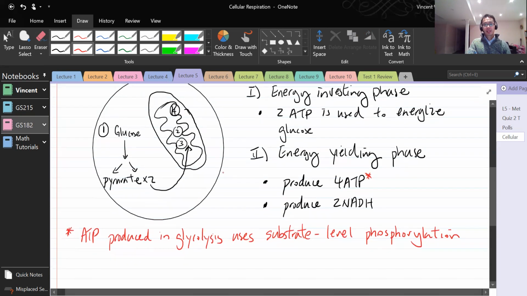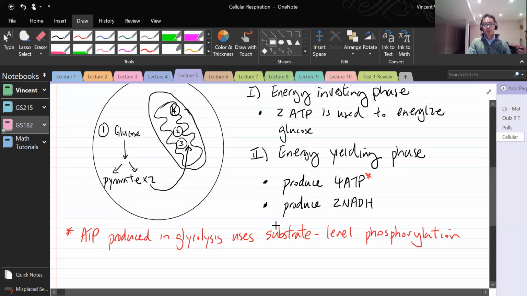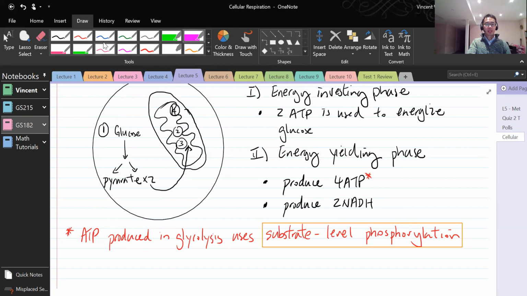That's the mechanism, the method where ATP is produced in the glycolysis. Can someone tell me what does it mean to phosphorylate something? What does it mean to phosphorylate something?